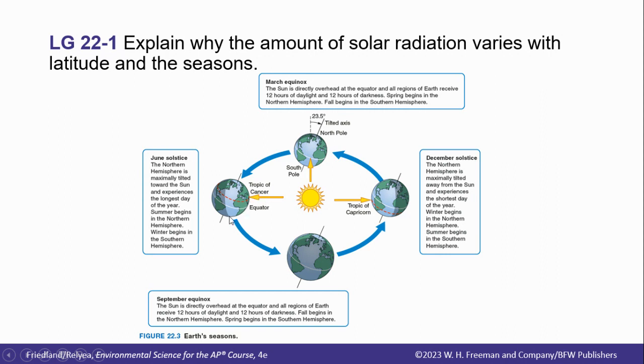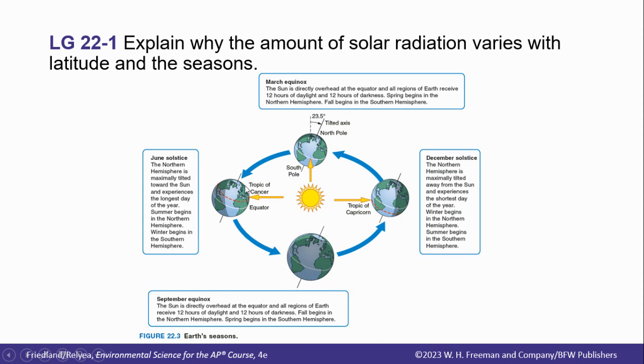So our summer solstice is the longest day of the year, so we have the most amount of sunlight. Our December solstice is when we have the least amount of sunlight here in the northern hemisphere. And then September is our fall equinox, or the opposite of the March equinox.